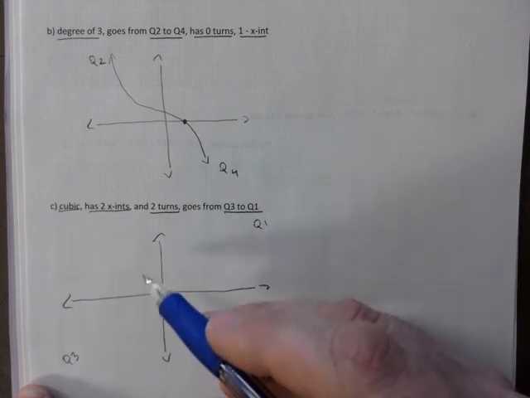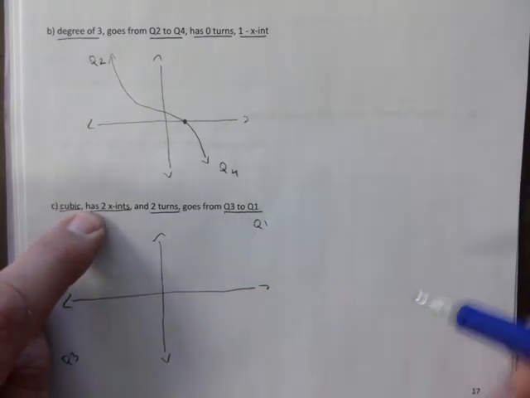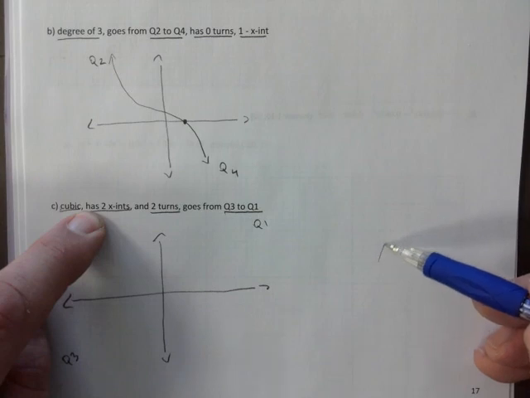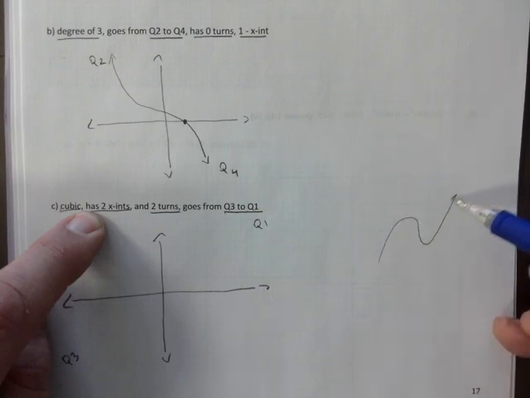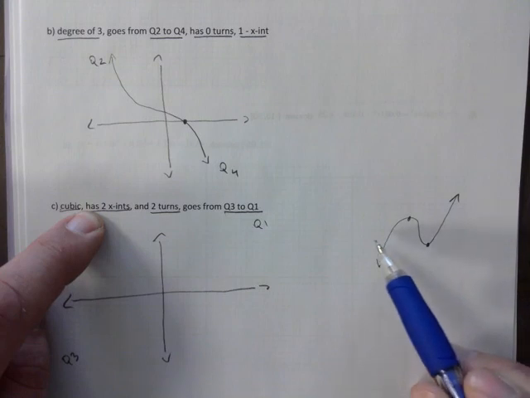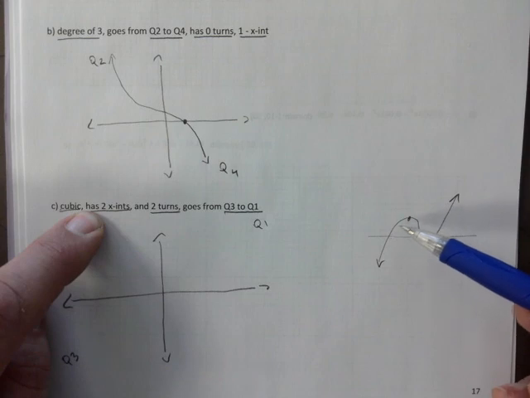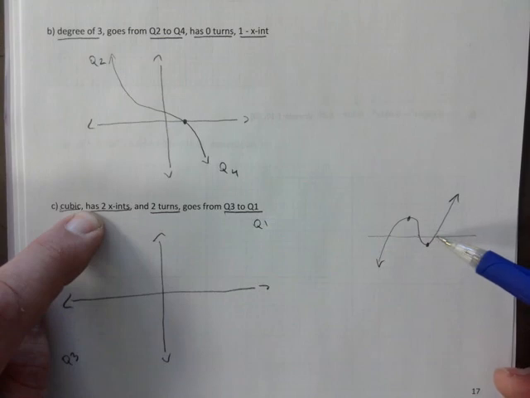2 turns. You got to be careful here. You only want 2 x-intercepts. So 2 turns means you're going to want something like this. Right? There's a turn there, there's a turn there. If you make the turn look like this, you're going to have how many x-intercepts? 3, correct?